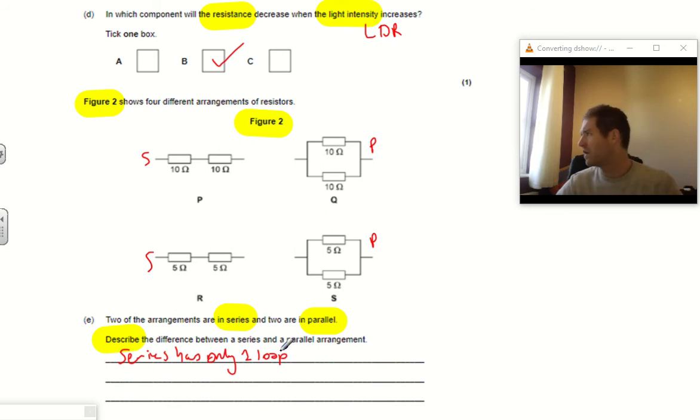Okay, series has only one loop or branch. And we can also say that a parallel circuit has more than one branch.